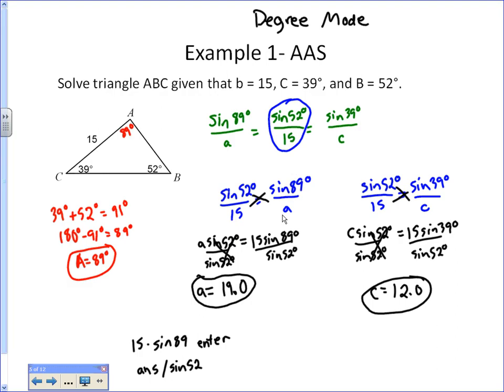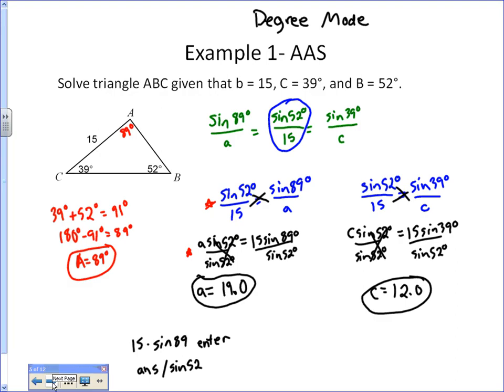You don't have to do every single one of these steps, but I need to see something that shows me what you put into the calculator. So if that means that you write down this step, then do it. If that means you write down this step, then write that down. But I need to see something besides just you saying A equals 19.0 and C equals 12.0.